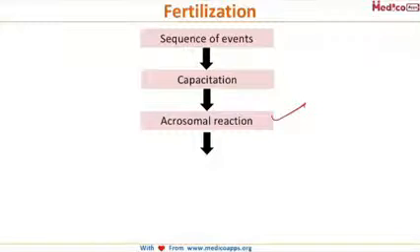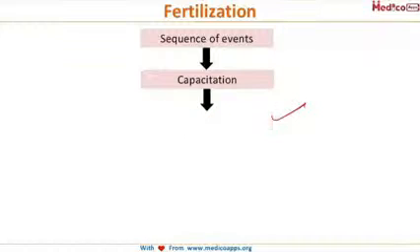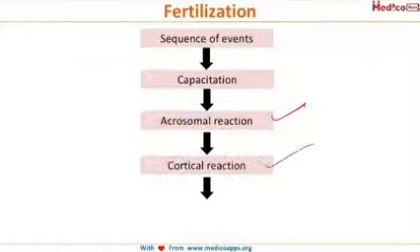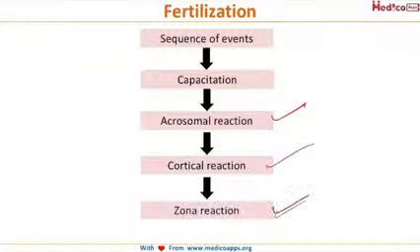Now it causes the lysis of the zona pellucida, and the sperm is now able to enter the cortex of the secondary oocyte, which causes the release of enzymes from the cortex, and this is called cortical reaction. Now these enzymes, they cause hardening of the zona, which makes the zona impermeable to other sperms, and this is called zona reaction. So this completes our sequence of events of fertilization.